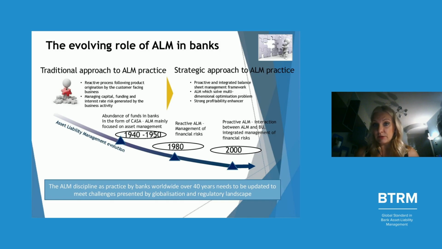With time, the situation changed. We have seen more and more interaction between liquidity and interest rate risk. We started to see this concept of ILM optimization or strategic ILM, where we have a multidimensional approach to the management of ILM risks.